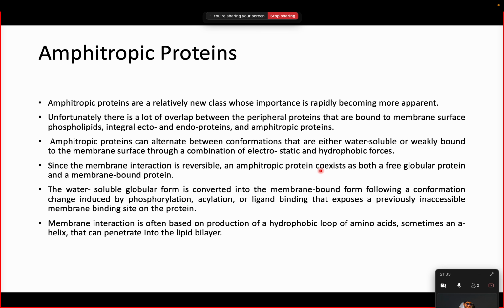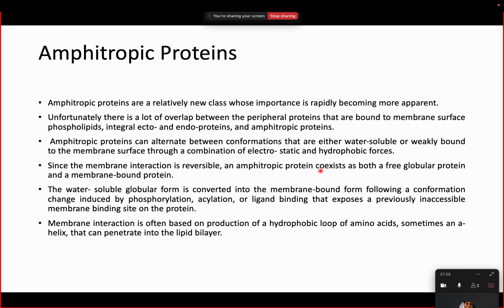Amphitropic proteins can alternate between conformations that are either water soluble or weakly bound to the membrane surface through a combination of electrostatic and hydrophobic forces. Since the membrane interaction is reversible, an amphitropic protein coexists as both a free globular protein and a membrane bound protein.